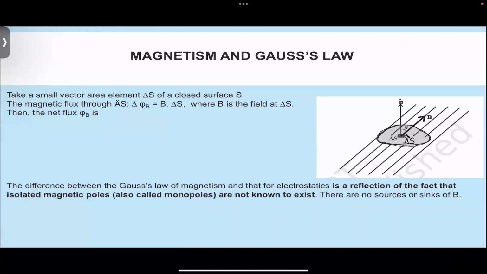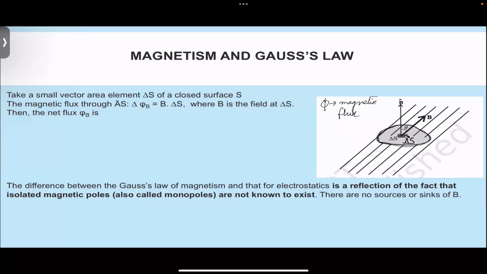Here phi is the magnetic flux. We want to find the magnetic flux to understand the passage of the magnetic field through this closed surface, and also to prove Gauss's law associated with magnetism.